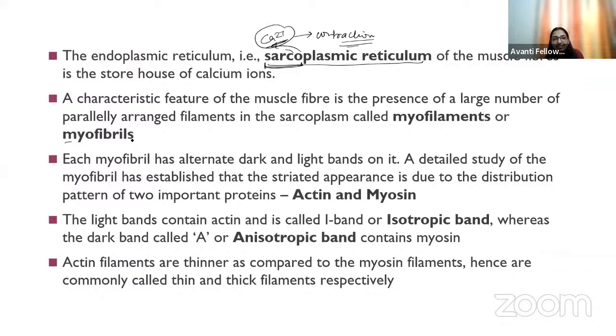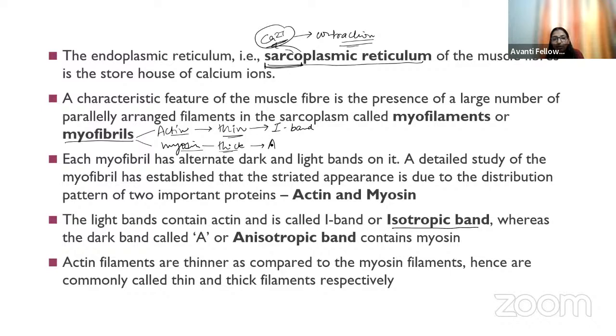And the myofibrils consist of two filaments, which are actin and myosin. Myosin are the thick filament, and actin are the thin filament. Actin filaments form the I band, which is also known as isotropic band.